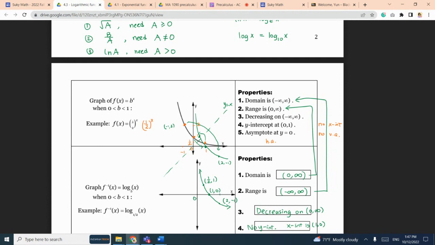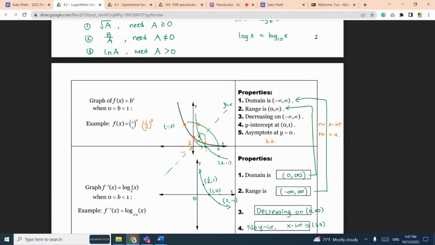Then you can see we have 0, not including the 0, and then to infinity. The domain is from 0 to infinity, range all real numbers. And you can see it's always decreasing. And we have no y-intercept, but we have an x-intercept, (1, 0). Do we have a vertical asymptote?